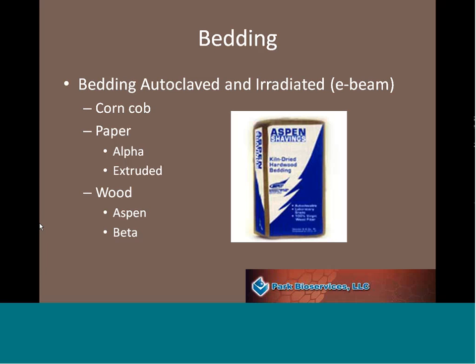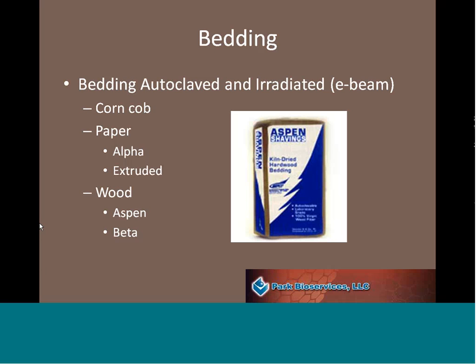In terms of recommendation, my personal recommendation with isolators, I really like the paper products because it has the lowest amount of dust, and that is very helpful in keeping the filters clean and not blocked, and it just reduces your cost a bit, I feel. The second best is aspen shavings, which is very clean and relatively dust-free.